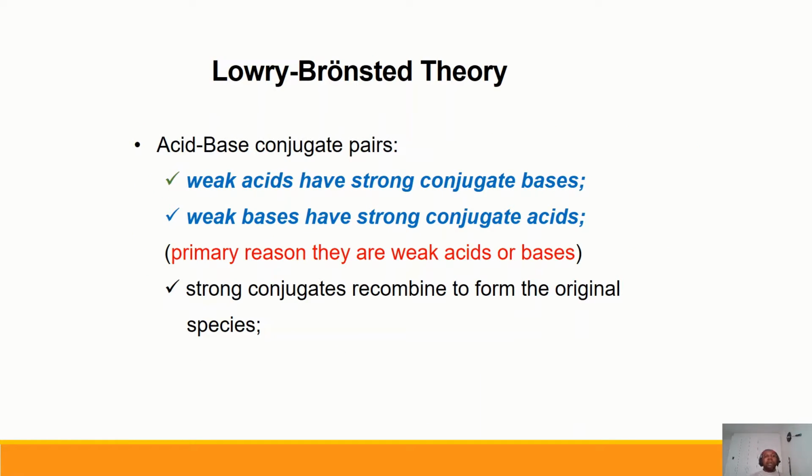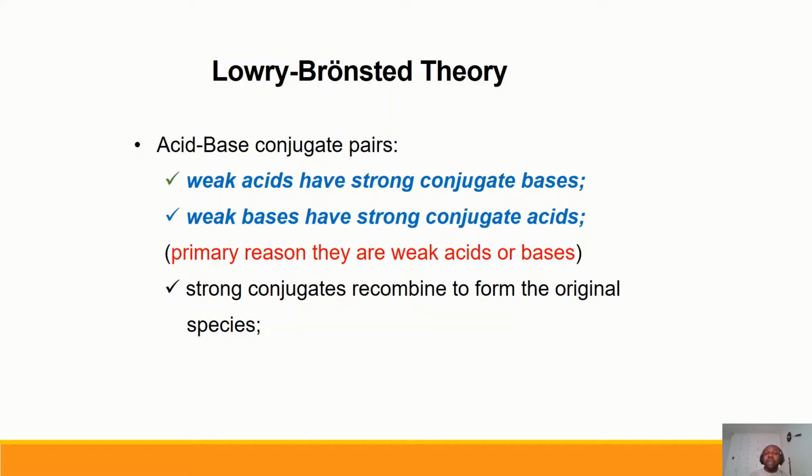So Lowry-Bronsted theory says there are always acid-base conjugate pairs. So weak acids have strong conjugates, and weak bases have strong conjugates, and this is the reason why they are called weak acids or weak bases. If they have strong conjugates, the conjugates recombine to form the original species, and that is why they are weak.